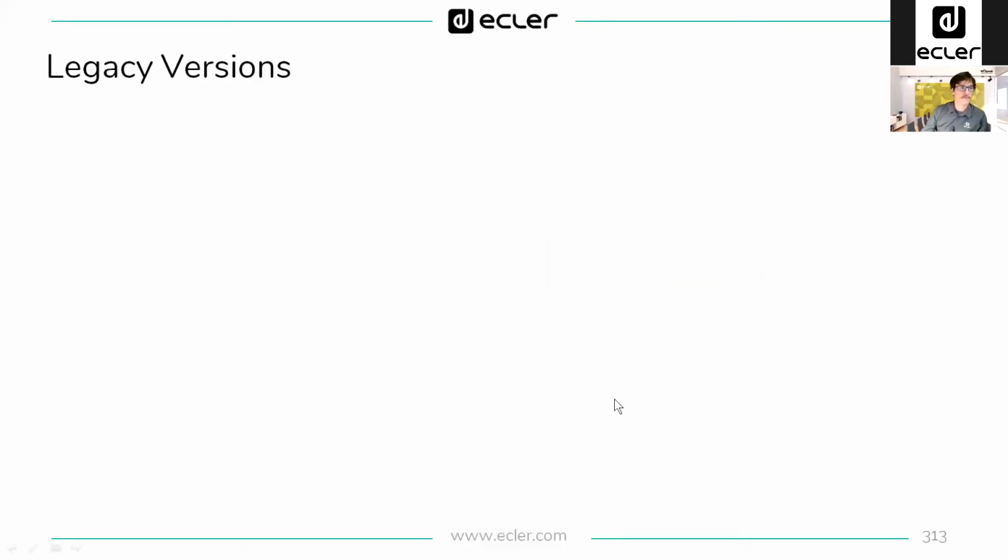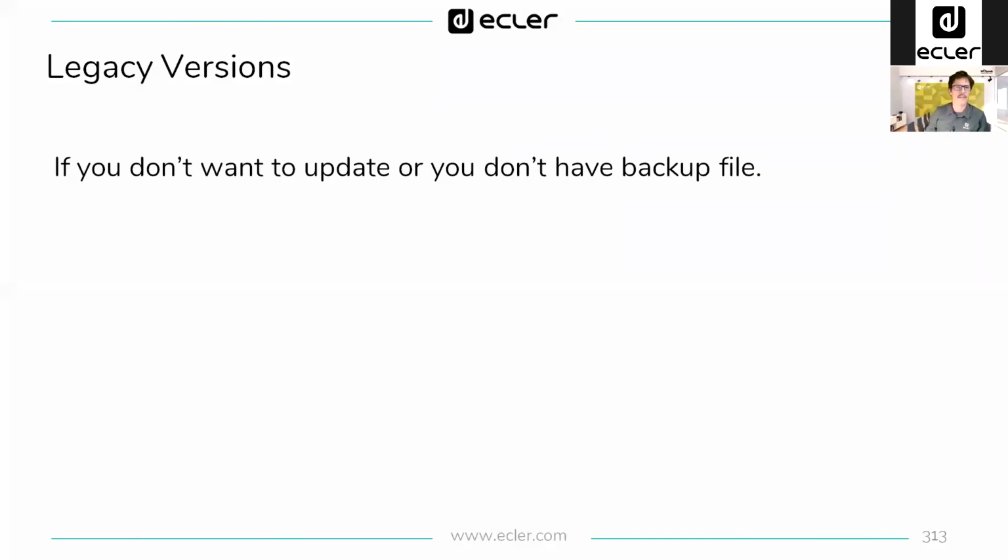So in order to make a firmware upgrade of an old installation, or if you want to change something in an installation and you don't have a backup file, there are two options. Okay, first you need to check the firmware of your devices.